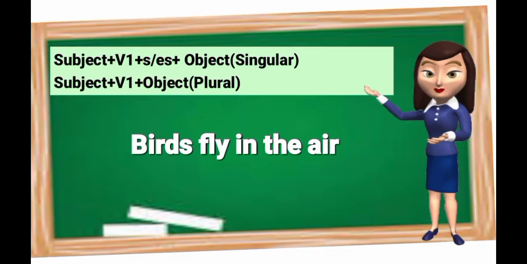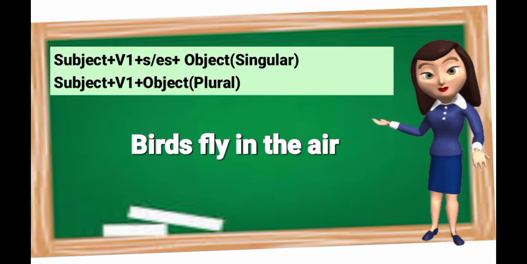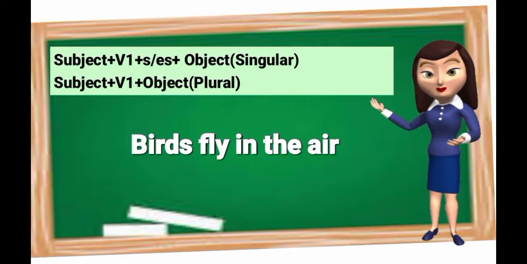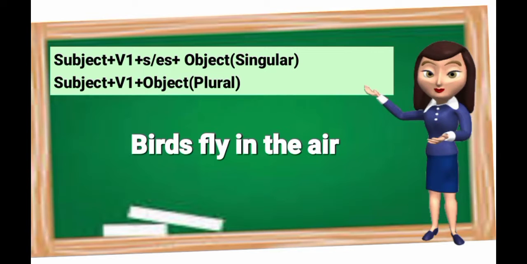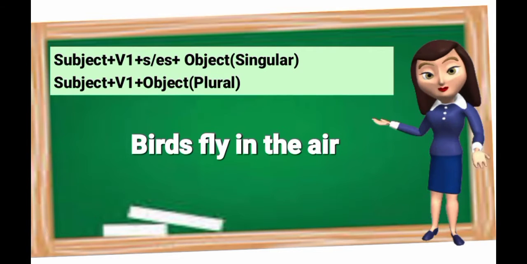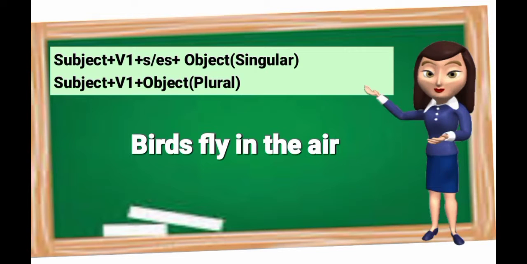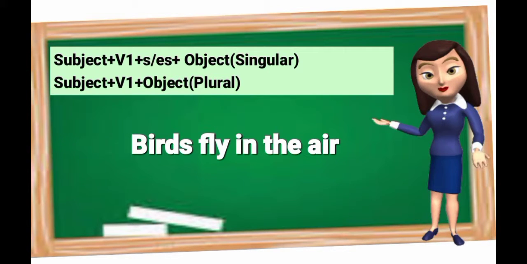We already know what singular and plural are. V1 is the first form of the verb. So for us to identify the subject, the verb, and the object of that example, here we go.